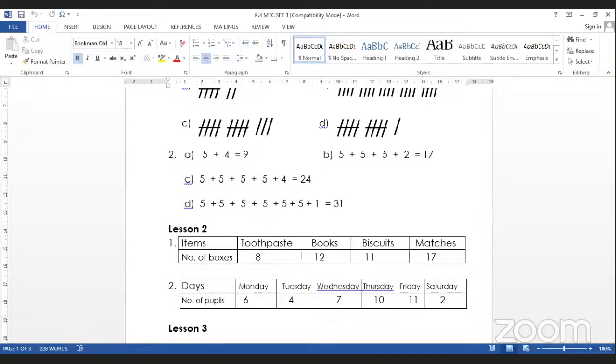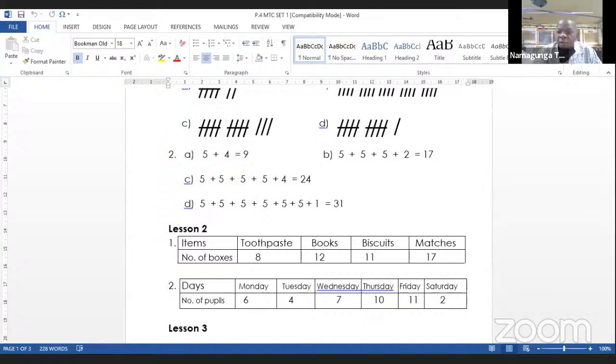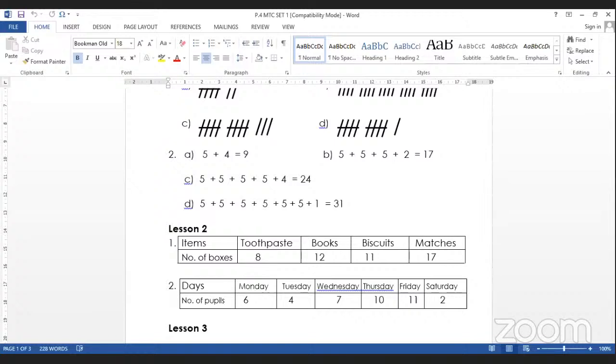Excuse me, teacher. I'm not understanding the table. This table of toothpaste, books, biscuits, and matches. And excuse me, teacher, which book are we writing in? Right. Thank you.